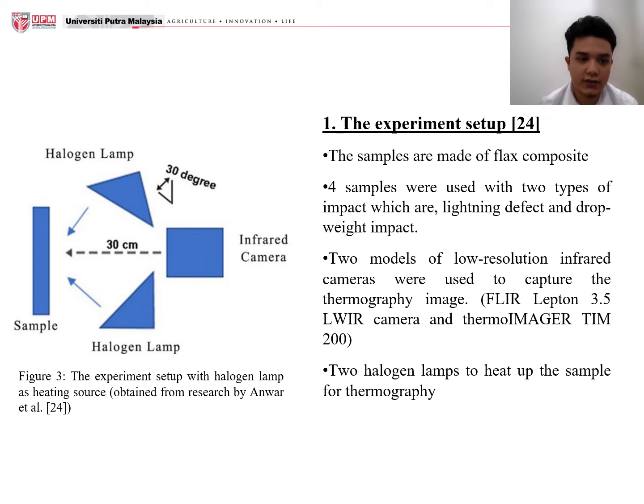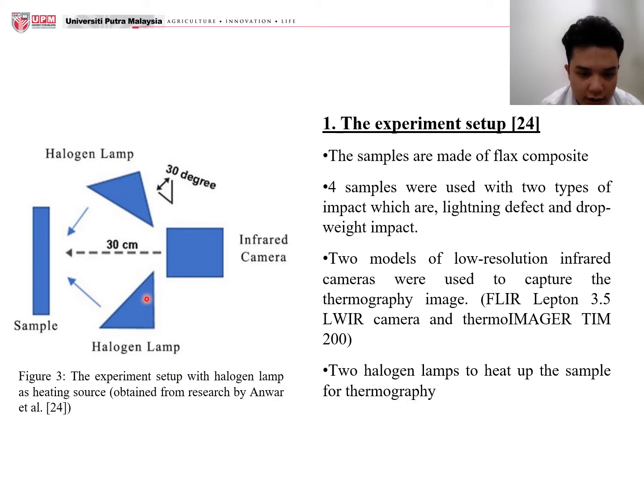There are a total of 4 samples used, of 2 types, which are the lightning defect and drop weight impact. 2 models of low-resolution infrared camera were used to capture the thermographic image, called the FLIR Lepton 3.5 LWIR camera and the thermo imager TIM 200, and 2 halogen lamps to heat up the sample for thermography.